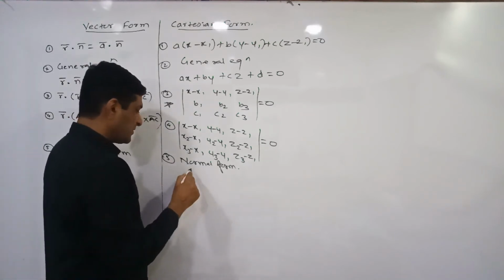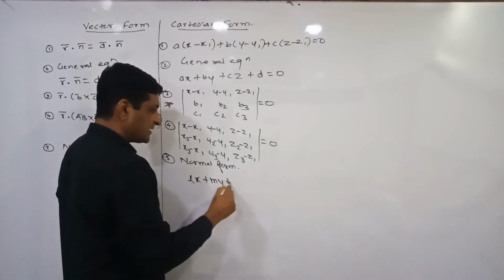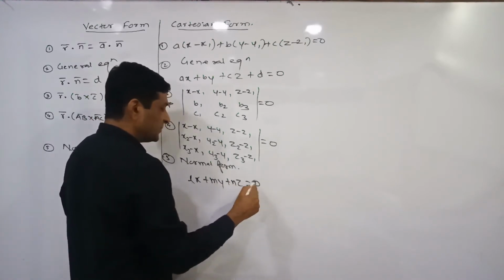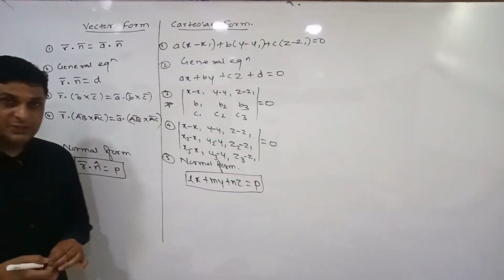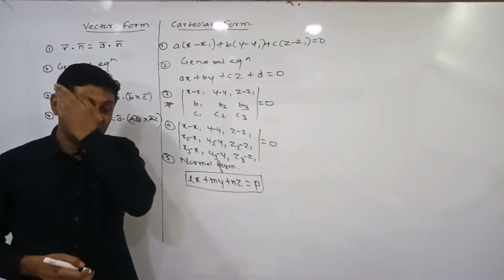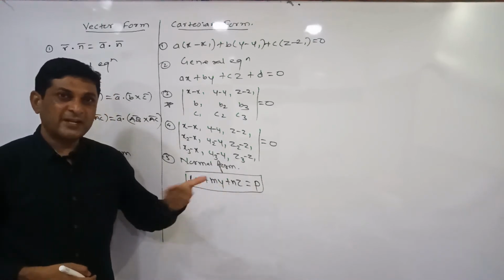The same formula in Cartesian equation is lx plus my plus nz is equal to P. Questions can be asked to find the distance of a plane from the origin. So here P is the distance of the plane from the origin.